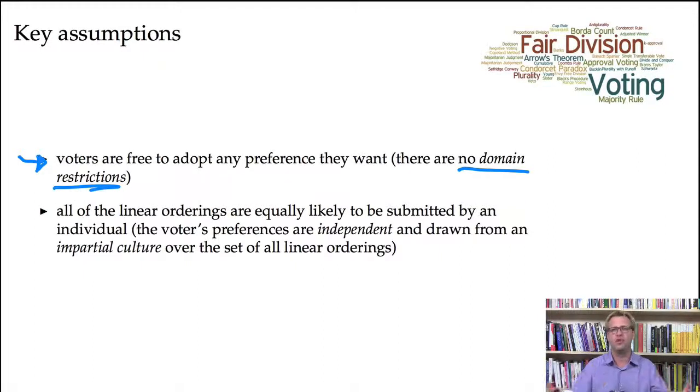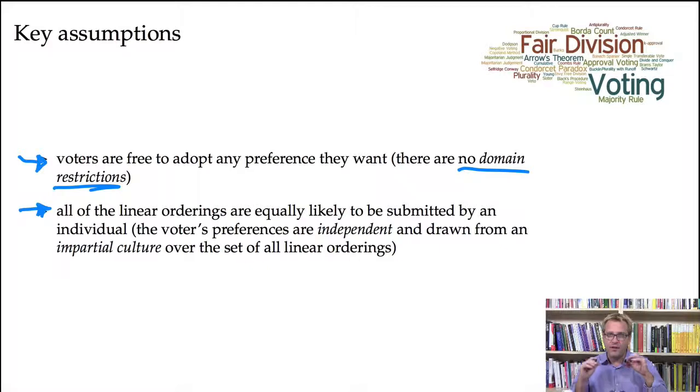The voters were free to adopt any preferences that they want. The second assumption, which is a much more substantive assumption, is that not only were the voters free to choose any preference they want, but all of the linear orderings are equally likely to be submitted by a particular individual.